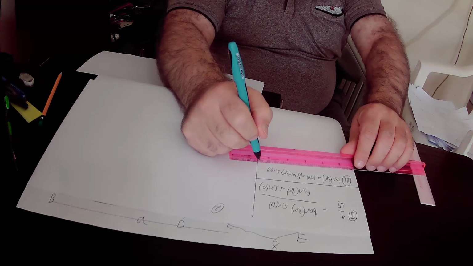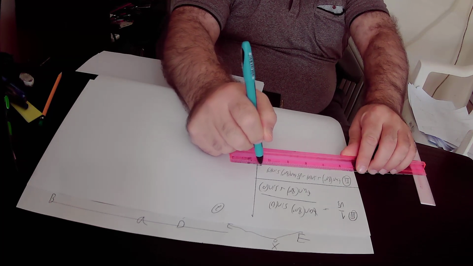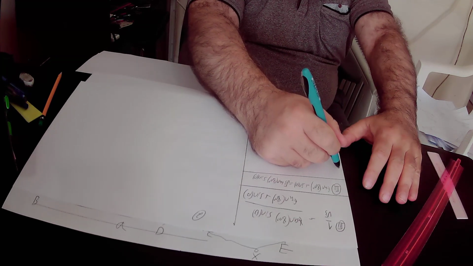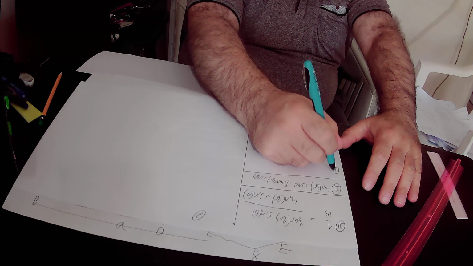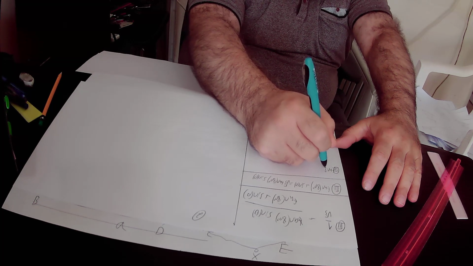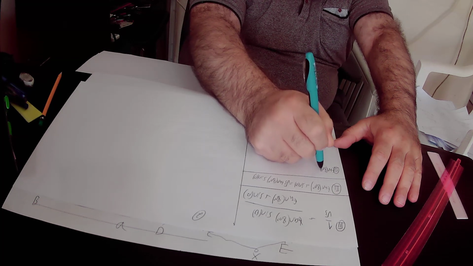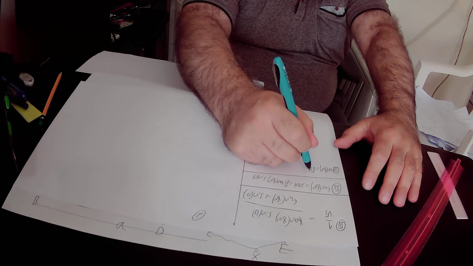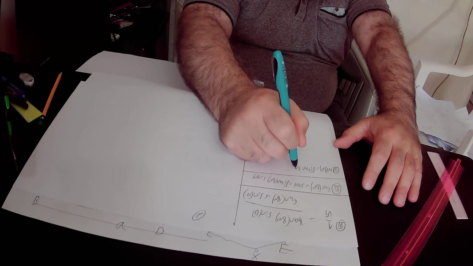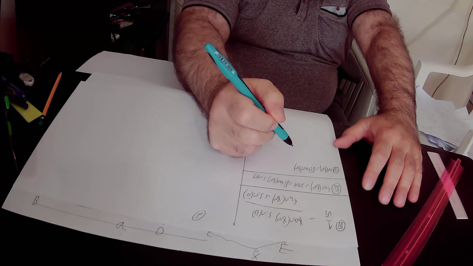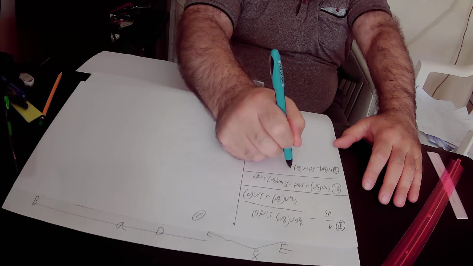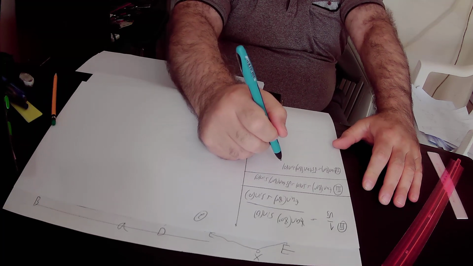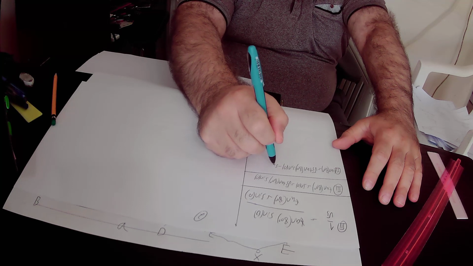Here we will subtract sin theta from this equation, and we will get that, according to equation number 3, tan 80 degrees equals square root of 3 times tan 80 degrees times sin theta minus sin theta.